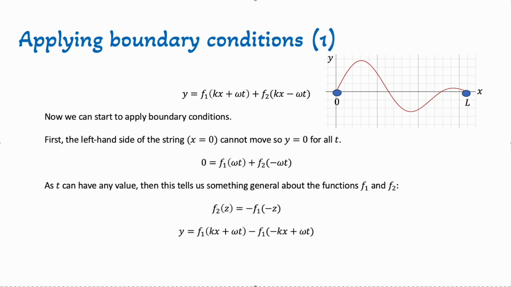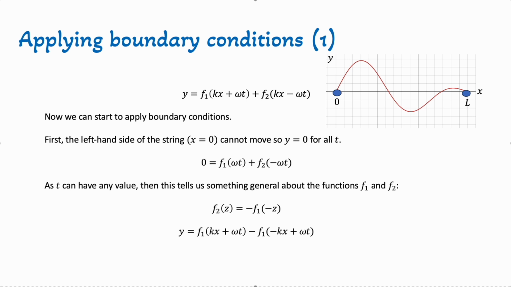So y is equal to f1 of kx minus omega t minus not a different function f2, but the same function, but evaluated at minus kx minus omega t. So in other words, which is minus kx plus omega t.